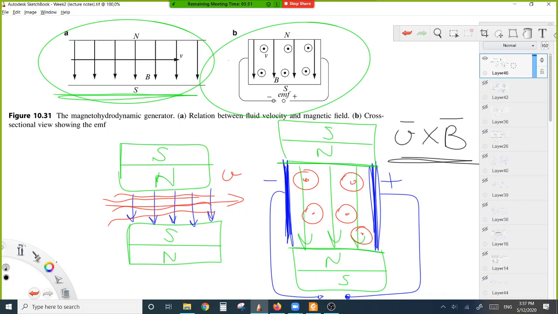So instead of water or oils with salt, exhaust gases from the burning of fuel can also be used.